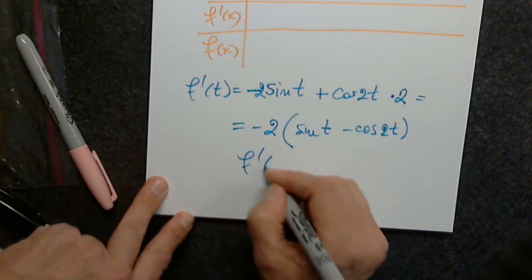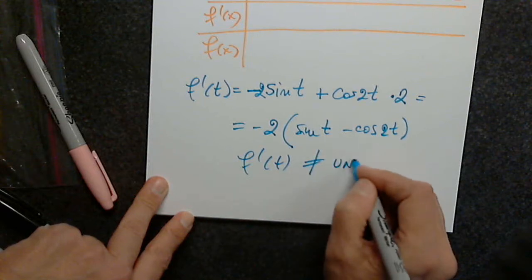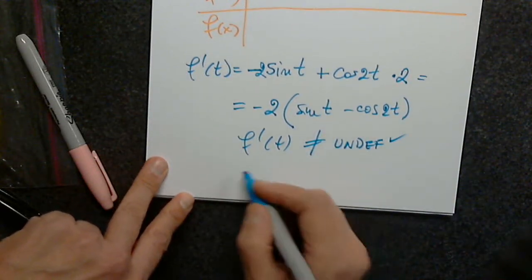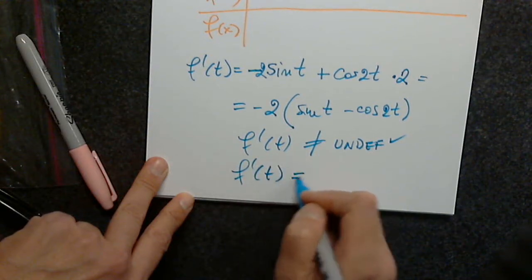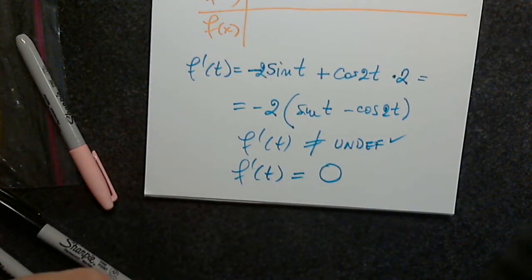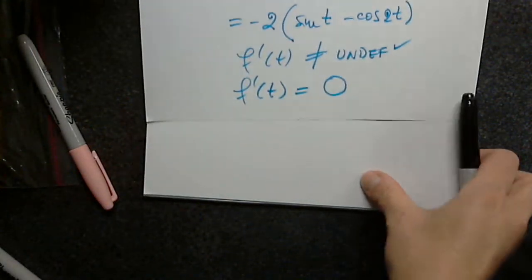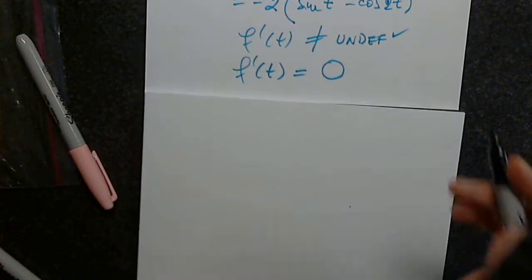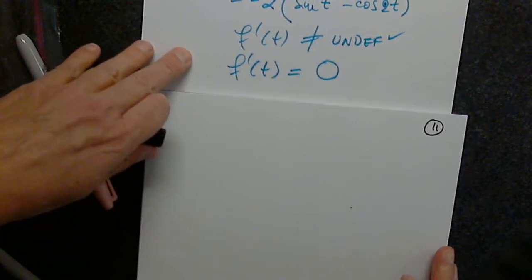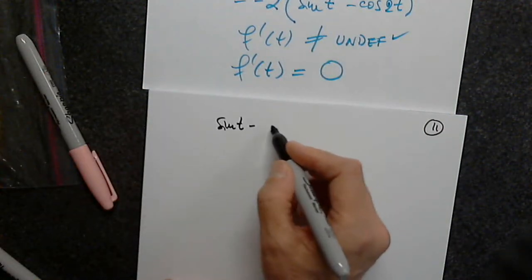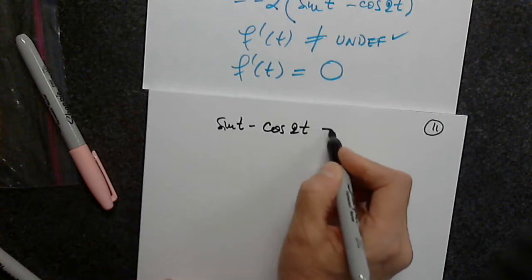So obviously f prime of t is never undefined. That's clear. But now I have to solve this equation, which is a trig equation. Ready? So when this is 0, obviously sine t minus cosine 2t must be 0.